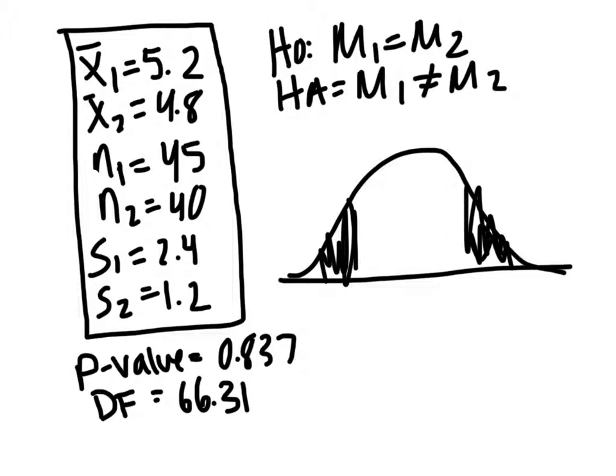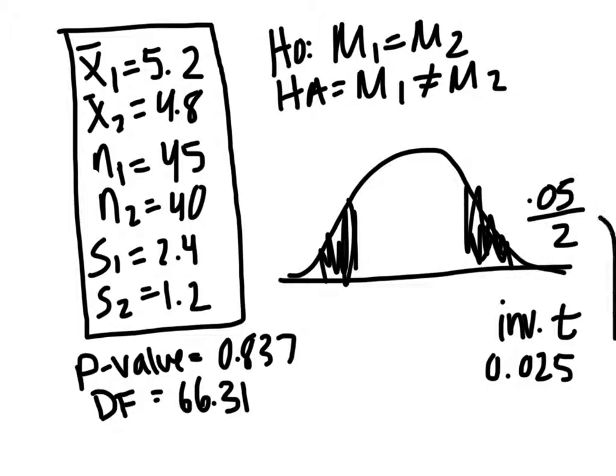And if we go into our inverse t on our calculators, you just go F5, inverse t, and you can plug in, let's just go there really quick. Beautiful. It'll ask you for the area and the degrees of freedom. So your first area is 0.025 because you have the 0.05 divided by 2 because there's two tails. And then you know that your degrees of freedom, like we already found, is 66.31.